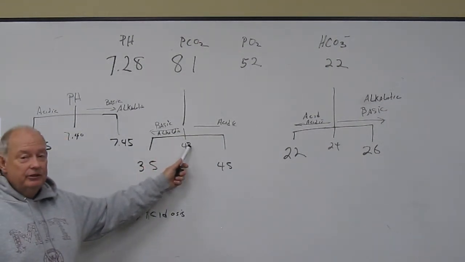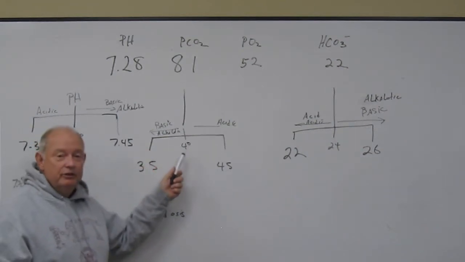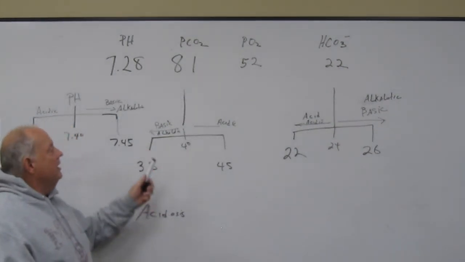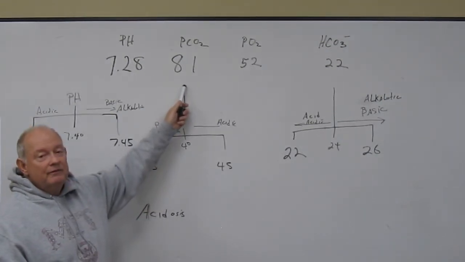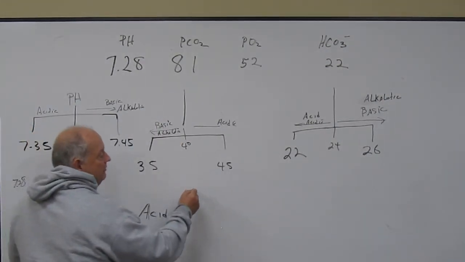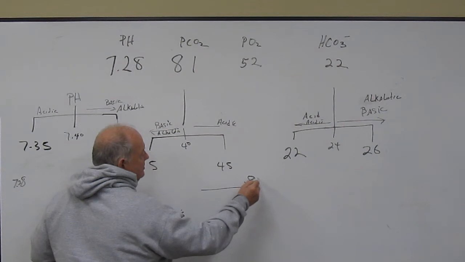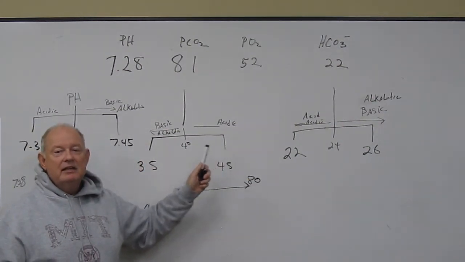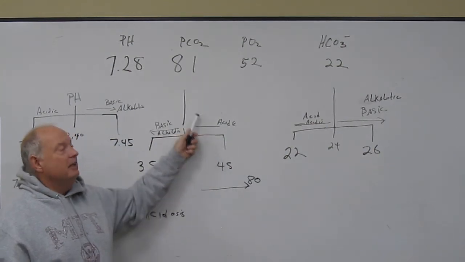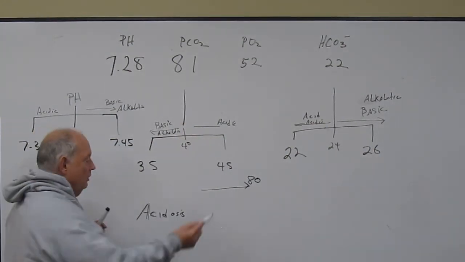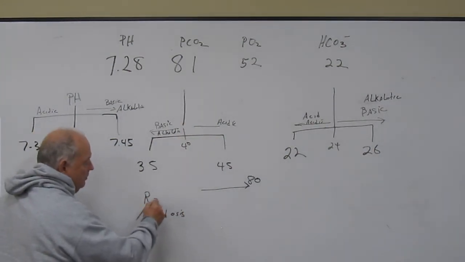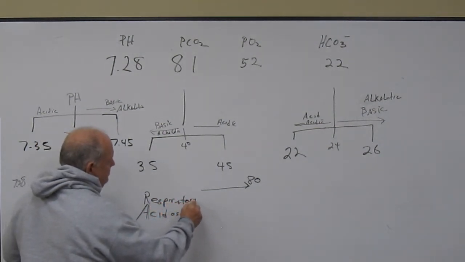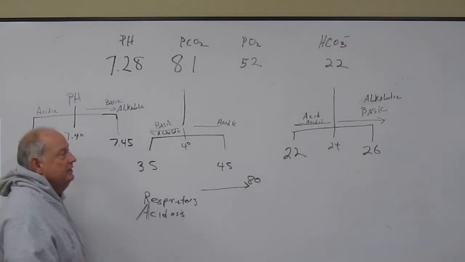Let's look at the CO2. The CO2 is controlled by the lungs, by the respiratory system. Here we have a CO2 of 80. Well, 80 is going to be way over here on this side. So we have an acidosis. This acidosis is caused by the respiratory system. So we'll call this a respiratory acidosis.